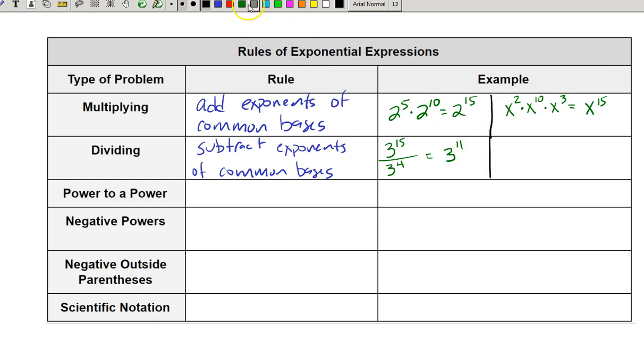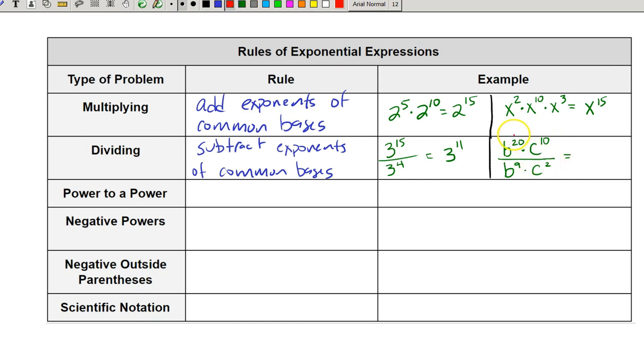Or if I have a variable example, I could have b to the 20th times, let's say, c to the 10th divided by, let's say, b to the 9th times c squared. So here's a full expression, right?